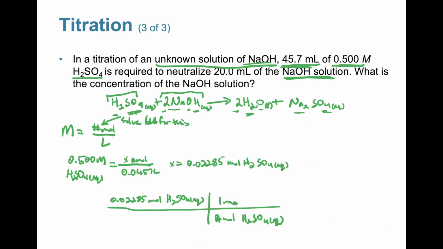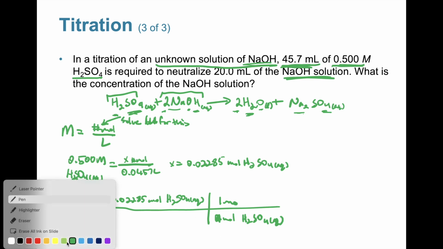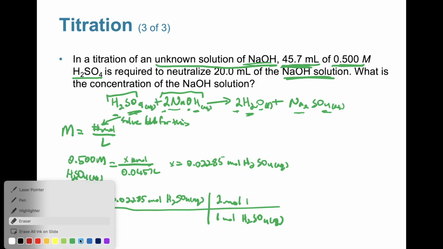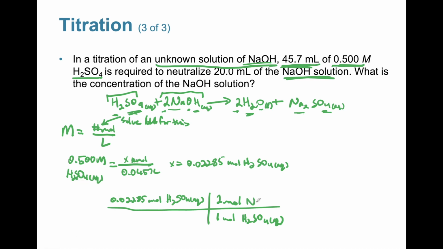It's actually for every 1 mole. I said it backwards. Sorry about that. There we go. So every 1 mole of H2SO4 AQ, we get 2 moles of sodium hydroxide, AQ.